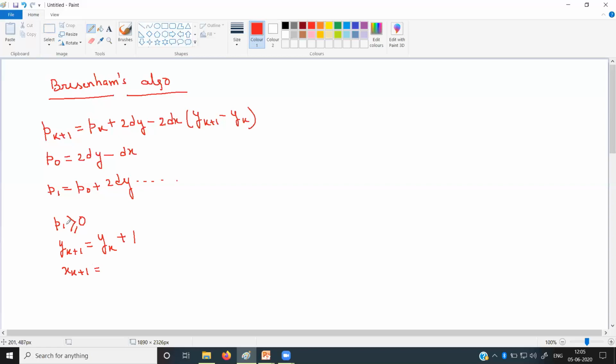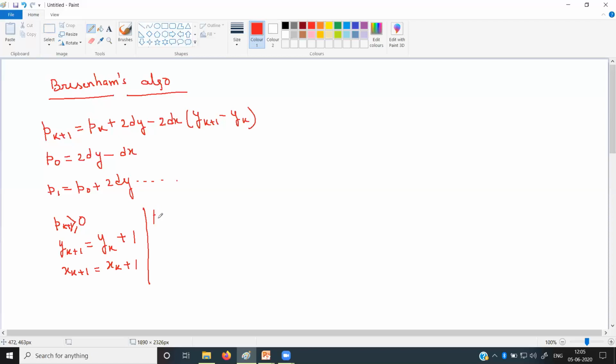If we generalize it in terms of k, if P of k plus 1 is greater than or equal to 0, the next Y value at the k plus 1th iteration is yk plus 1, and the X value of the k plus 1th iteration is nothing but xk plus 1.